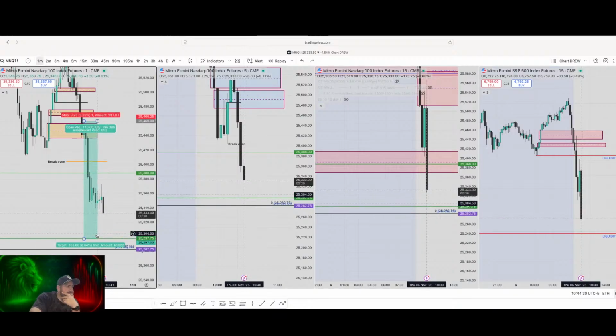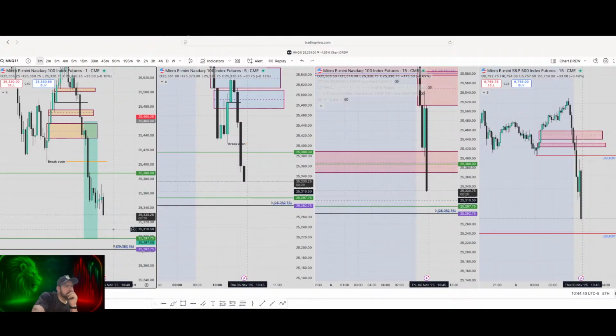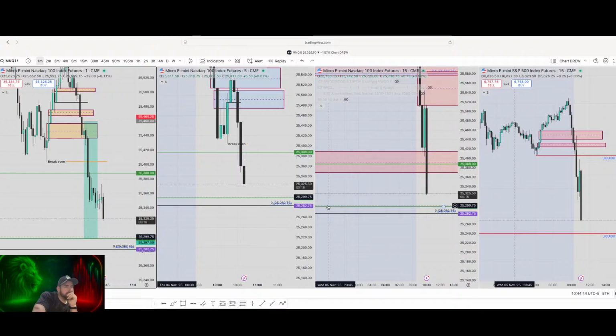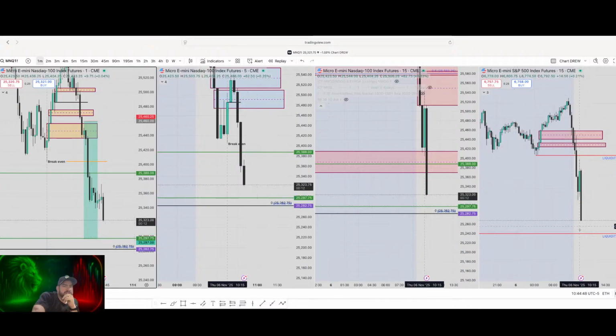Let's get this profit right here. If we take it out on ES, we'll just close it. But it looks like we'll take it out before then, right here.